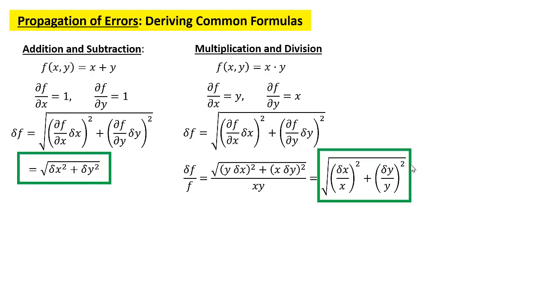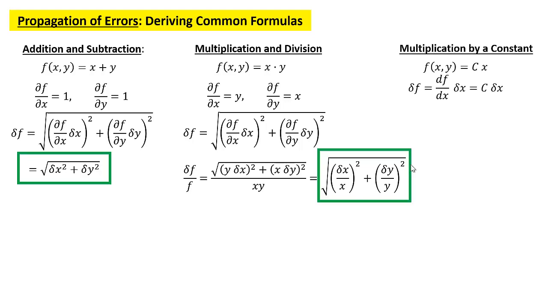But as we saw before, it's actually much better to calculate the relative uncertainty in the variable f, so delta f over f, because when you do that, then the cross dependencies vanish, and you just get the sum of the relative uncertainties in x and y in quadrature.